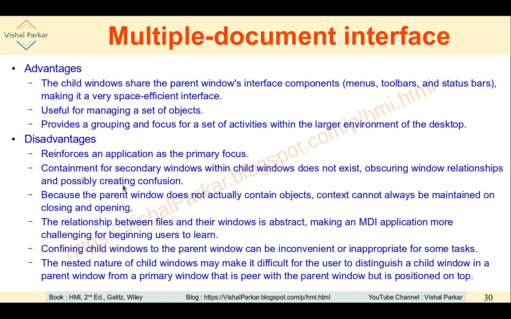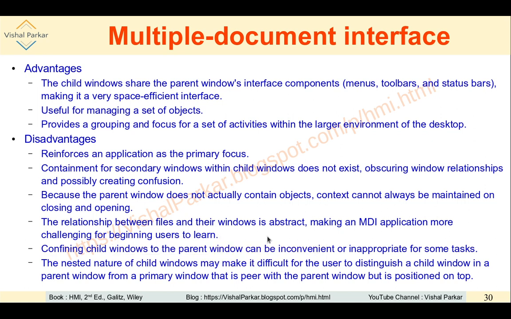The child window may grow out of the parent window, and that may create confusion. For this very reason, because the parent window does not actually contain the object, context cannot always be maintained, that is, for what application we are using that object may not always be guessable. The relationship between files and their windows is abstract. The file object can be present independently besides that application window.